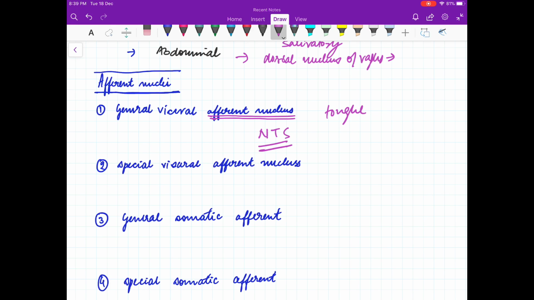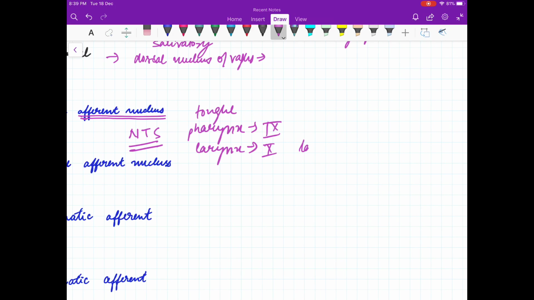The pharynx is supplied by the ninth nerve, and the larynx, as you know, is supplied by the 10th nerve or laryngeal nerves.